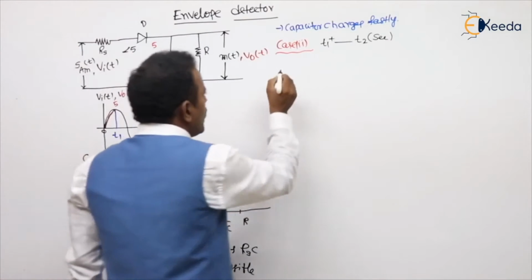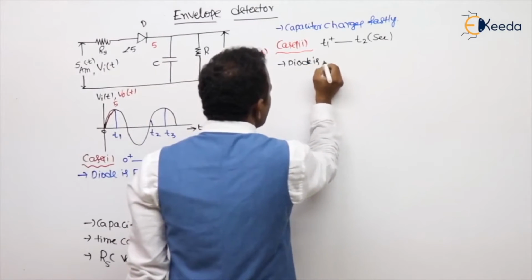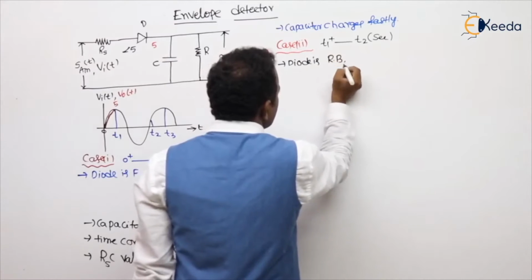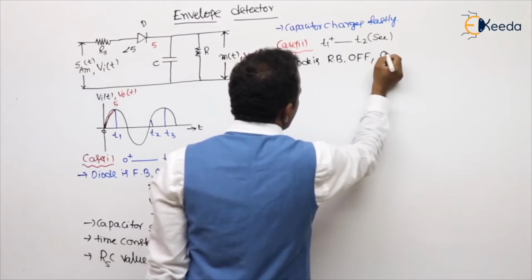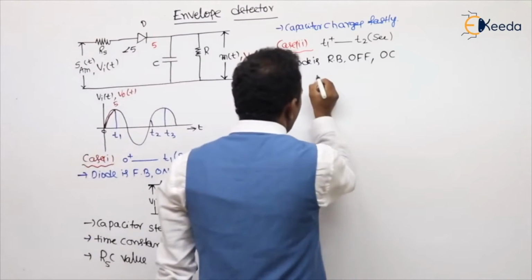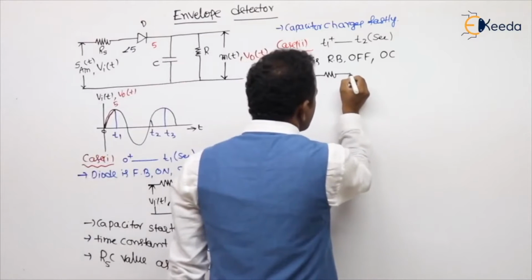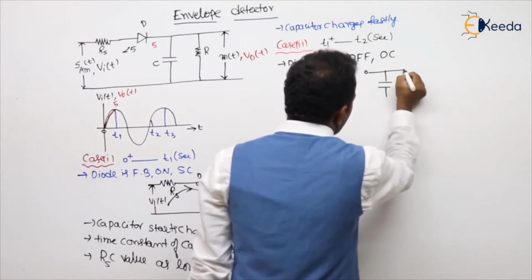Then what about the diode? You can clearly say the diode is, students, reverse biased. Reverse bias means off. Off means open circuit. This is the source resistance, capacitor, load.